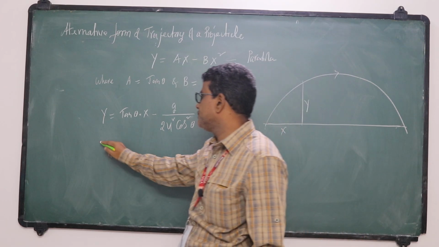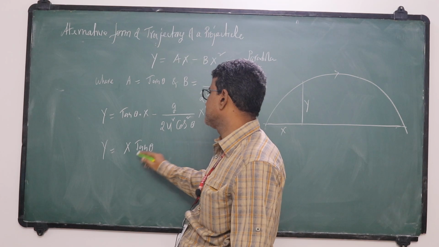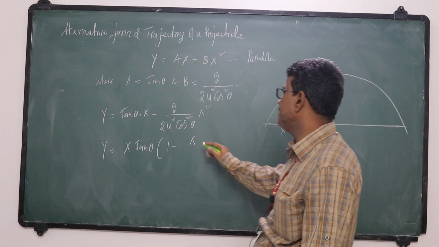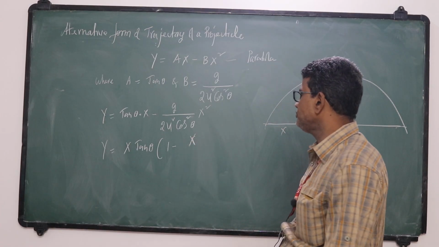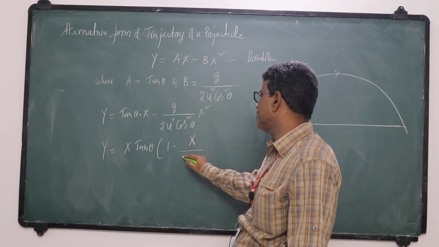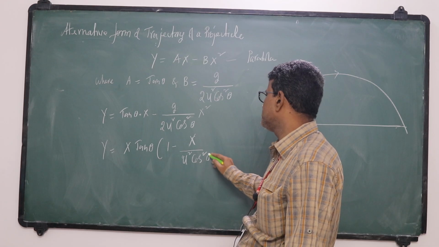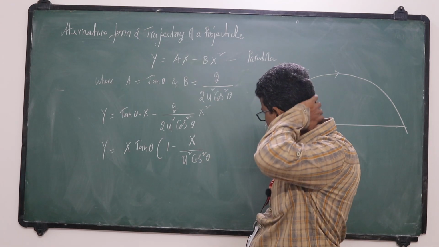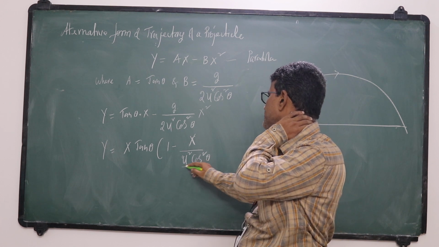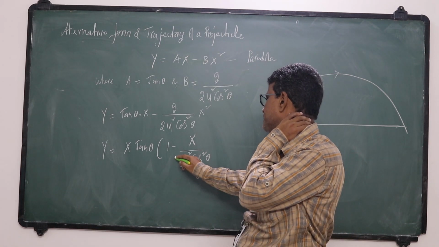So I take x tan theta as common, 1 minus x, and I bring g to the denominator, so that is u square cos square theta into by g. So this is the remaining expression.